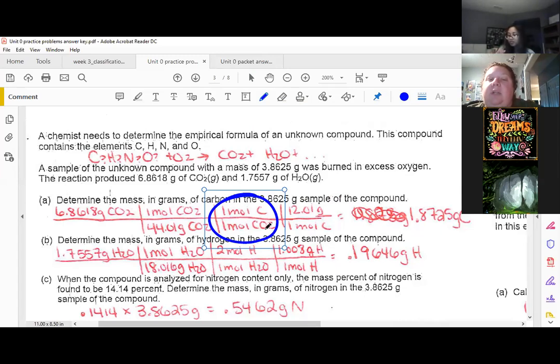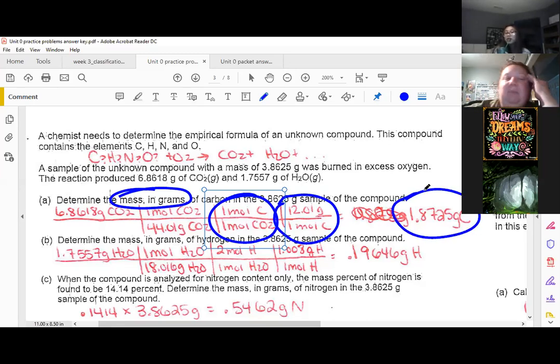So every mole of carbon dioxide has 1 mole of carbon in it. Now this time it wants the mass in grams, so we need to go one extra step and say, for every mole of carbon, it's going to have a mass of 12.01 grams. So that's going to tell us the mass of carbon that came from that original sample, since all of that carbon ended up in our carbon dioxide.